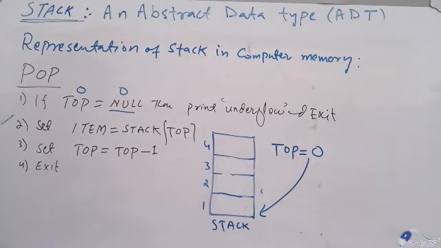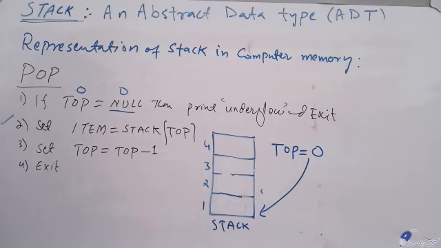So this was the simple method to perform the pop operation on the stack. Similarly, we can perform both push and pop operations. You can write a C program or a program in any other language to perform the push and pop operations on a stack randomly.